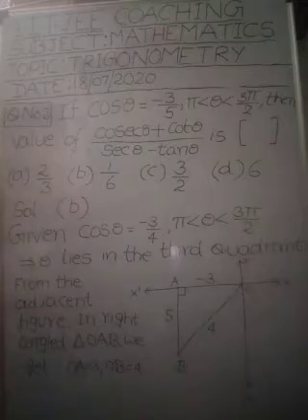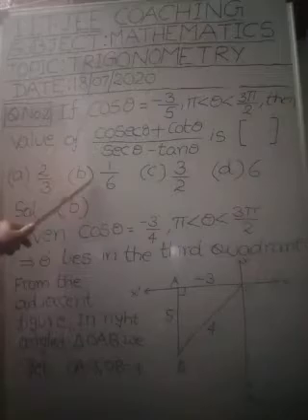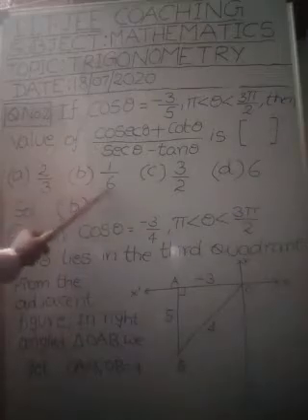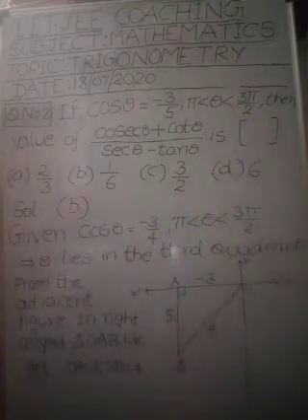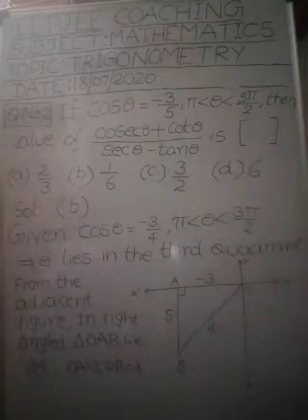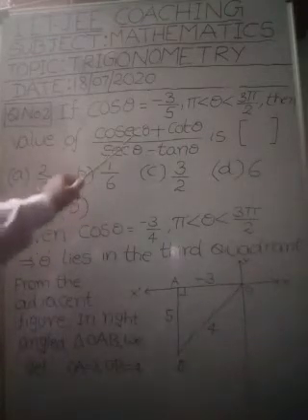Let us see the options. First option is 2 by 3 and the second option is 1 by 6. Third option is 3 by 2 and fourth option is 6. Let us come to the solution part. Here the second option, that is 1 by 6, is the value of this expression. Let us see how the second option is correct.